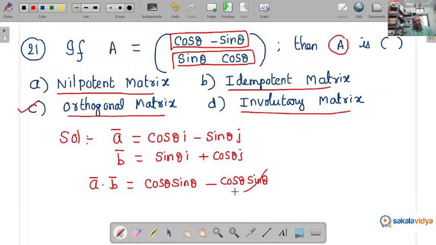Both get cancelled, you get 0. Therefore A is an orthogonal matrix. This is a super shortcut. So C is the right option.